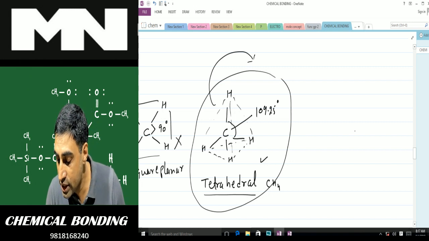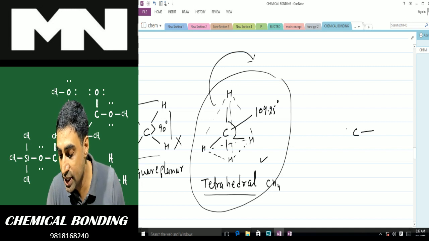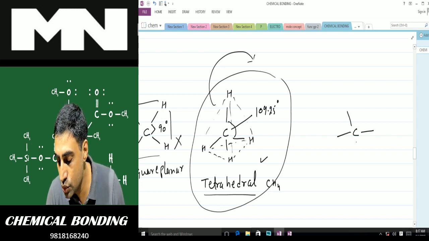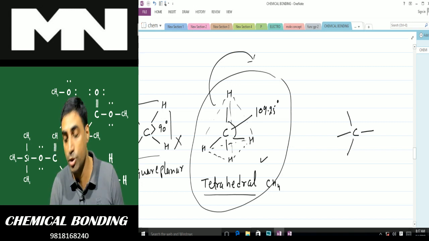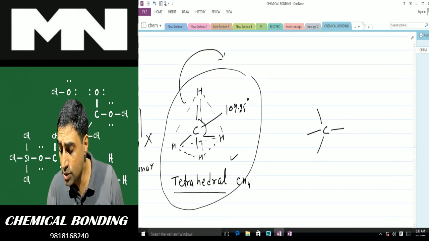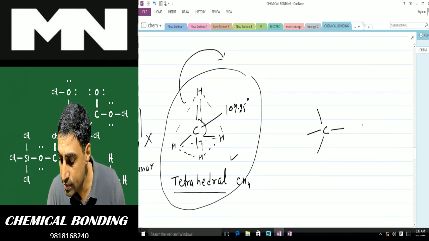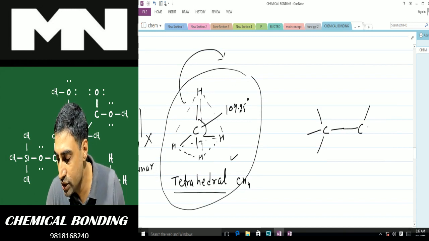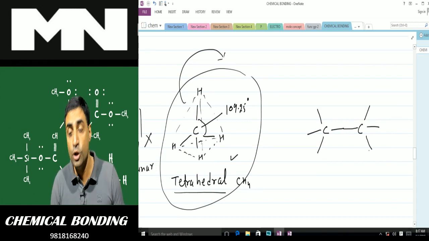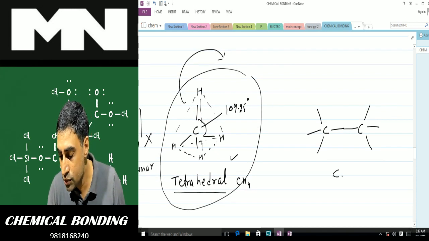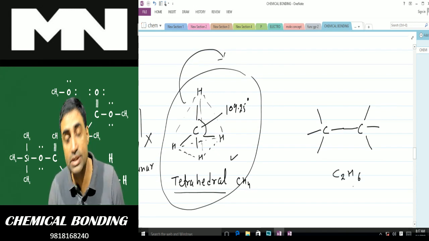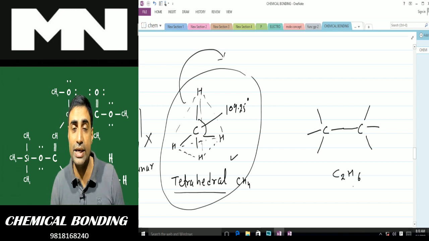Then here I have carbon. This is the bond with the hydrogen. 1, 2, 3. 3 bonds here. Now suppose another carbon atom I have got here. That carbon atom is forming a bond with this bond, and that is also in a tetrahedral structure. So you will see this is the molecule of C2H6.